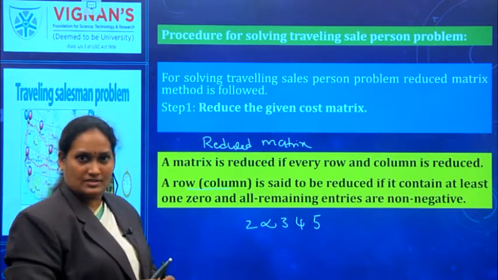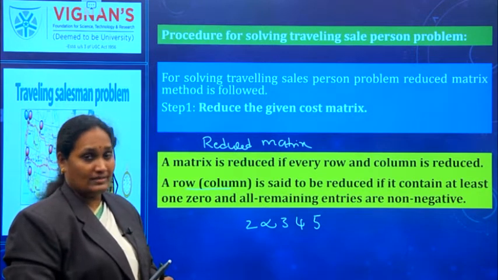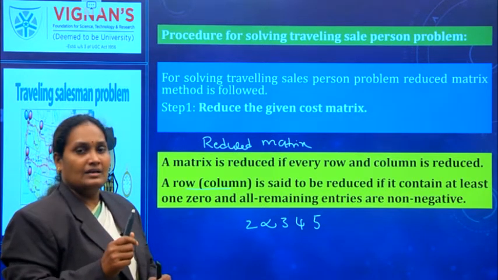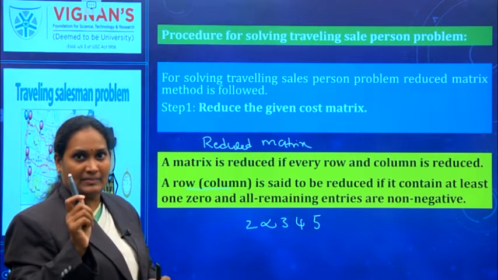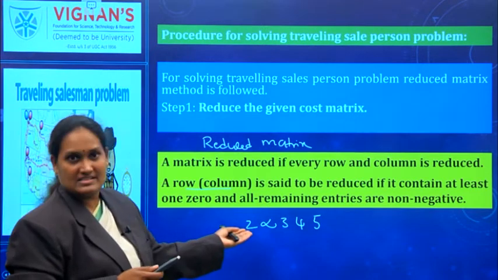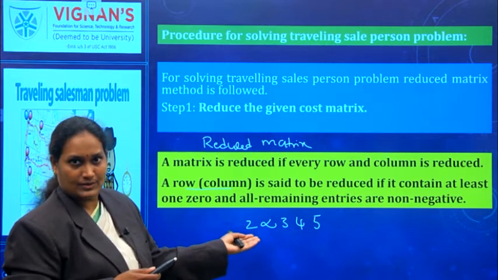Is it reduced? The row should contain at least one zero element. Here there is no zero element, so it is not reduced.